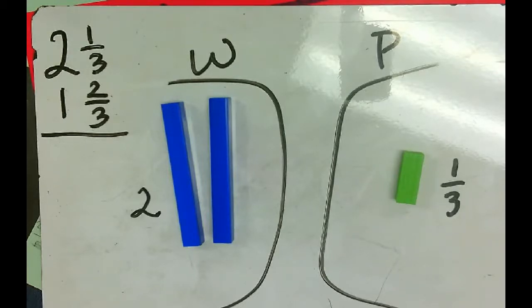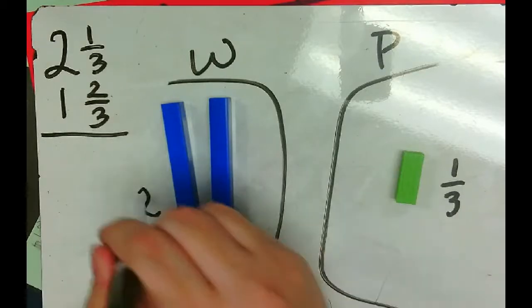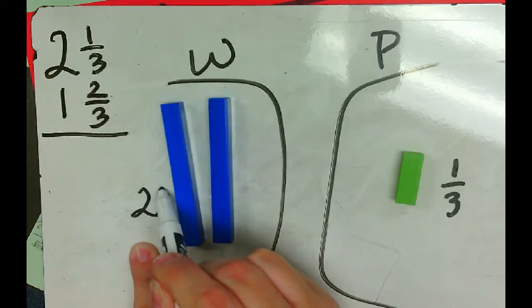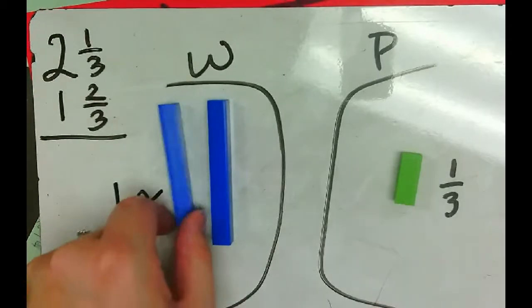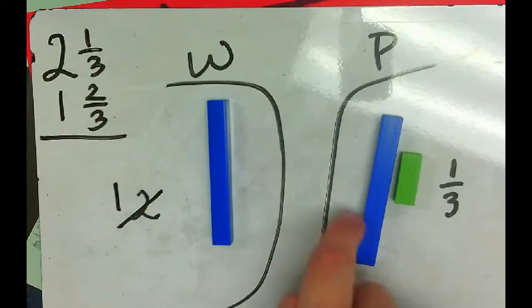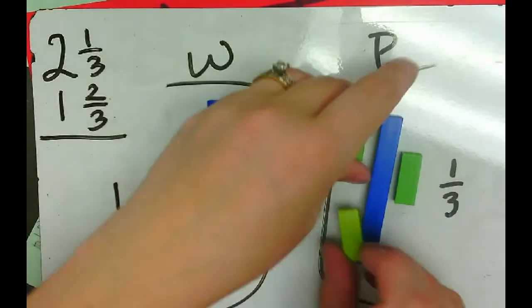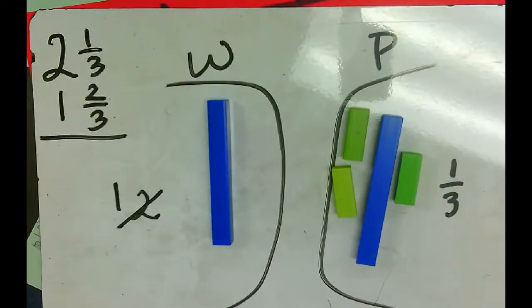So y'all are exactly right. I'm going to have to borrow. So this 2 is now going to become 1. I'm going to take this and move it to the parts. Since that's parts, I need to exchange it for 3 what? 3/3.